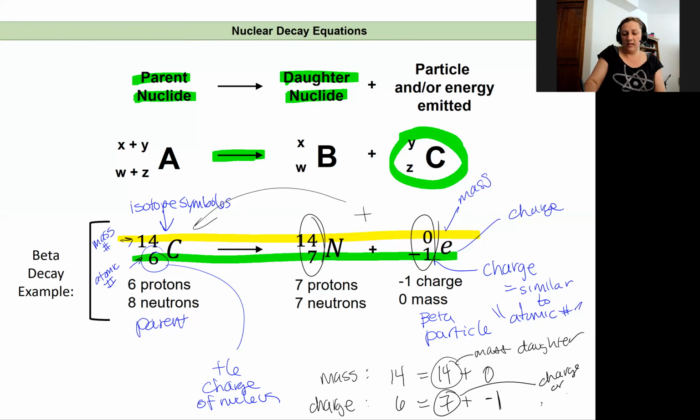And this is really the atomic number, because this is characterizing the charge in the nucleus. And so that is characterizing the number of protons. And so that 7 is its atomic number, which if I go look at the periodic table, tells me the element is nitrogen. And so that's how we'll develop these nuclear decay equations. We'll have something that decays into two things, and we can determine what either the particle is, or the daughter nuclide, or even the parent with just any two of those pieces of information.